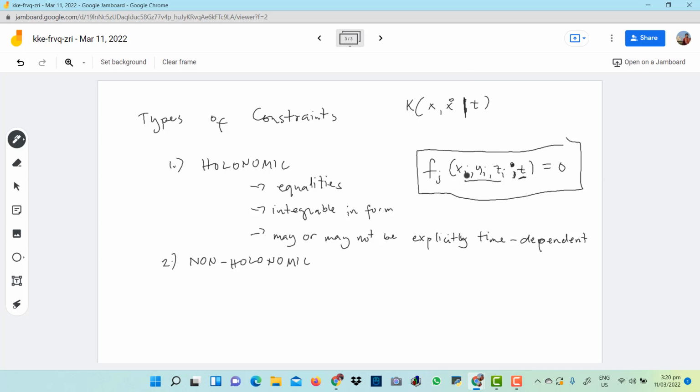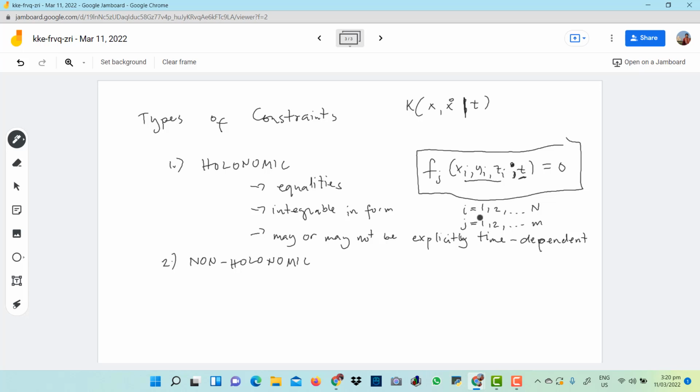You write it like this later when we solve with Lagrange multipliers: you should write the equation of constraint equal to this. Put all forms and all variables on the left side of the equation and equate it to 0. So you just transpose it. So f_j of x_i, where i is from 1 to n number of particles, while j is from 1 to m equations of constraint.